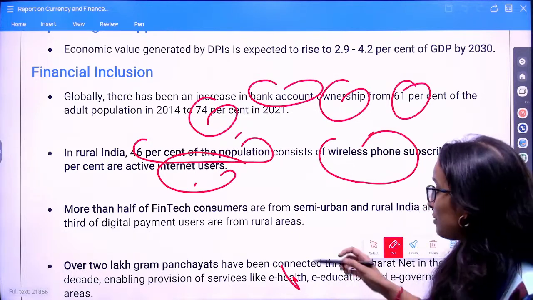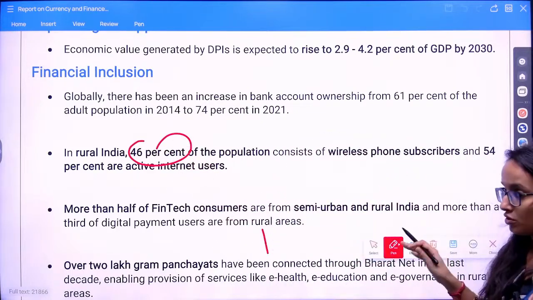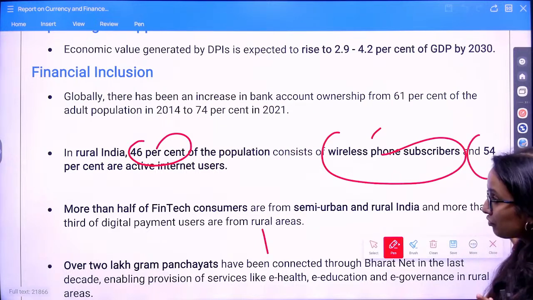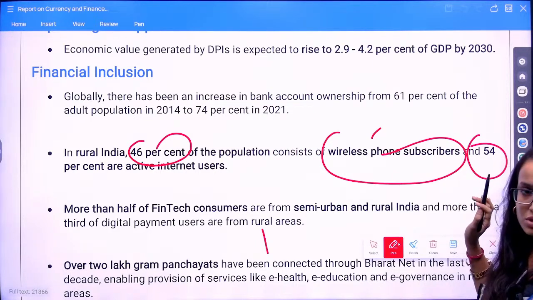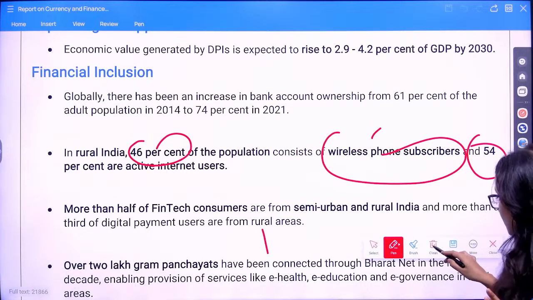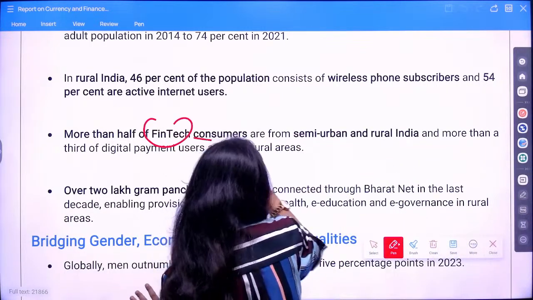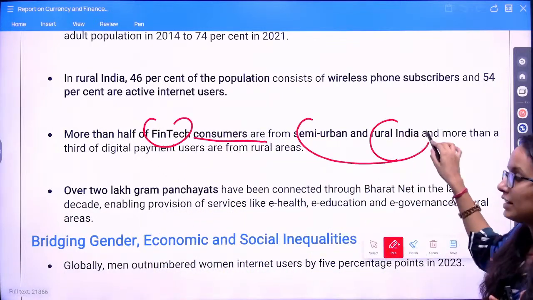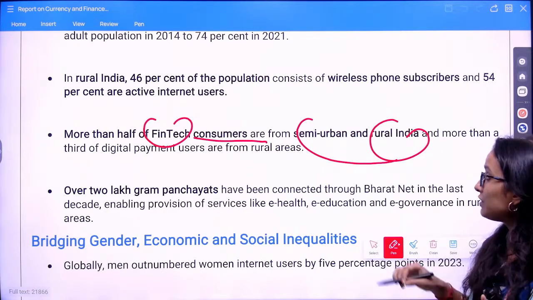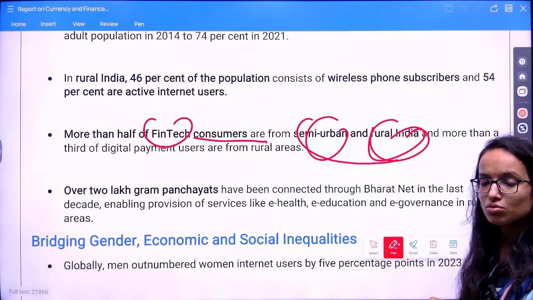So in rural India, remember this fact, this is important: 46% of the rural population are wireless phone subscribers, and 54% are active internet users, right? Then more than half of fintech consumers are from semi-urban and rural India. So, people who are availing these fintech services, more than half of them are from semi-urban and rural India. This is a clear success in terms of financial inclusion.